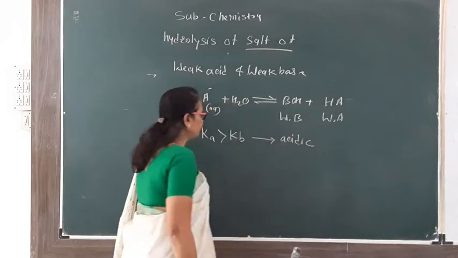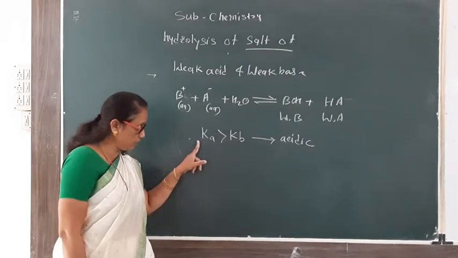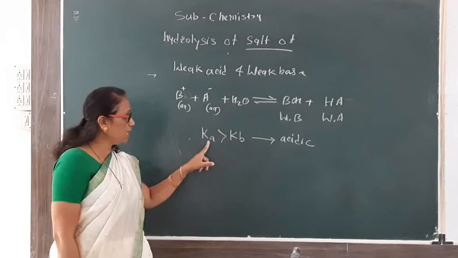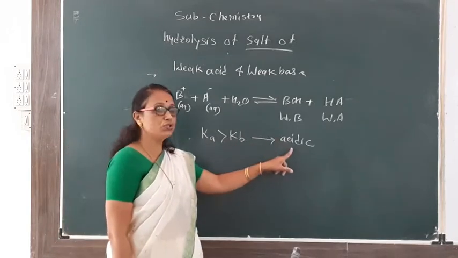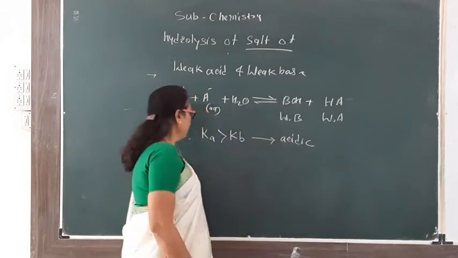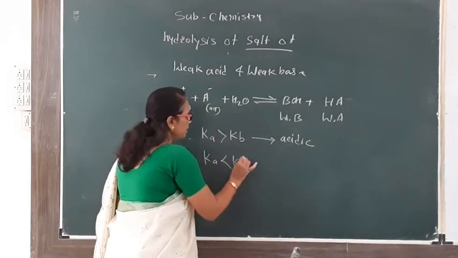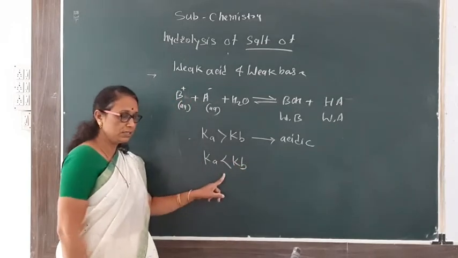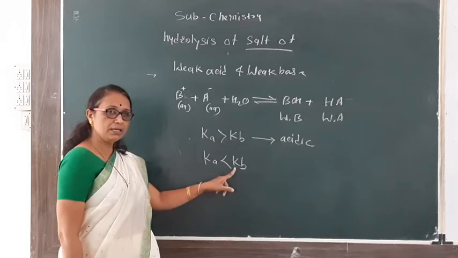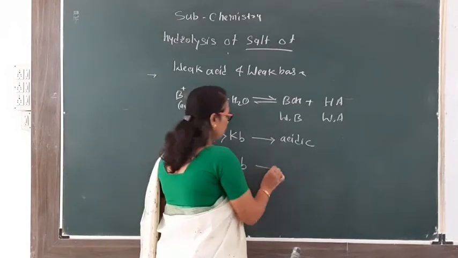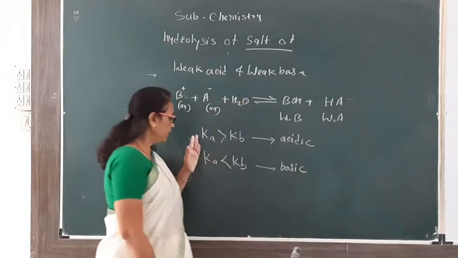That means if the dissociation constant of the weak acid is greater than the dissociation constant of the weak base, then the solution is acidic. But if Ka is less than Kb, or Kb is greater than Ka, if Kb is more, then the solution is basic or alkaline.